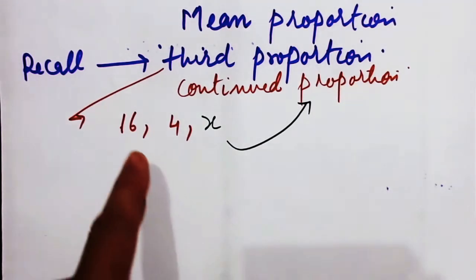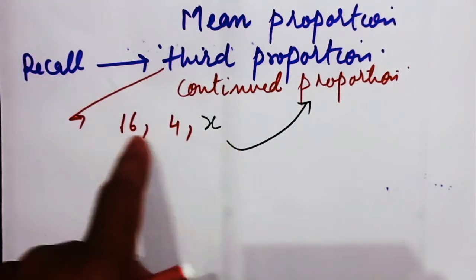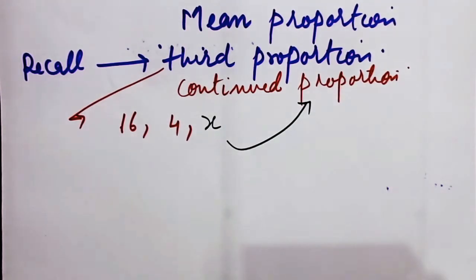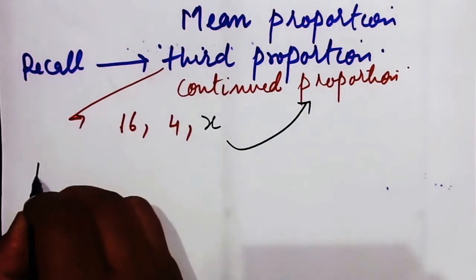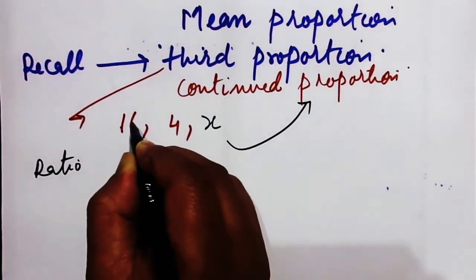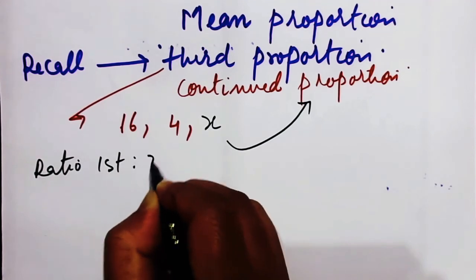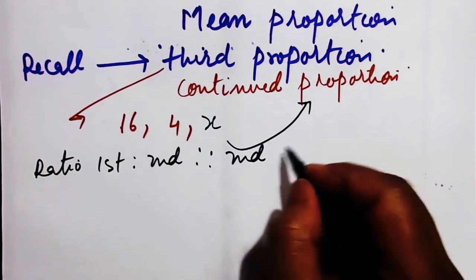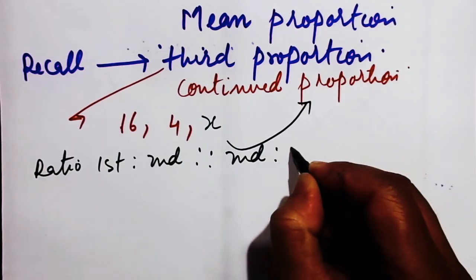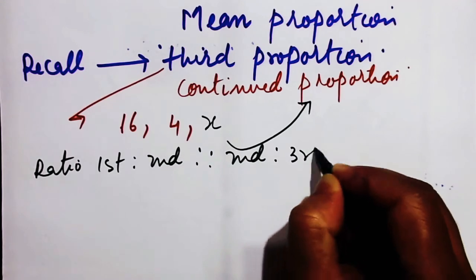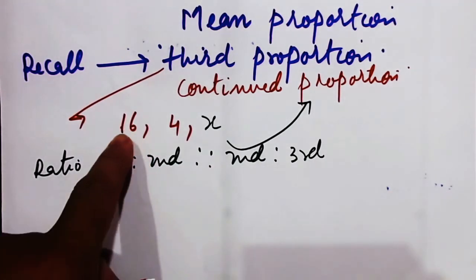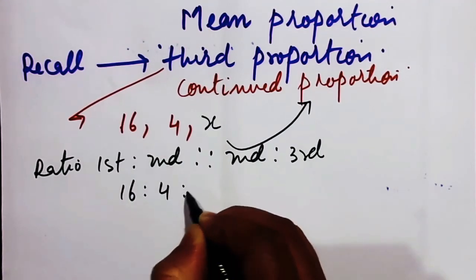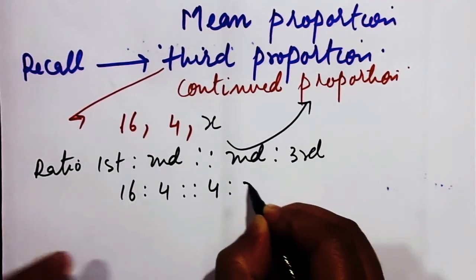When these three are in continued proportion, then we say that the ratio of first is to second is in proportion to the ratio of second is to third. Or you can say here 16 is to 4 in proportion to 4 is to x.